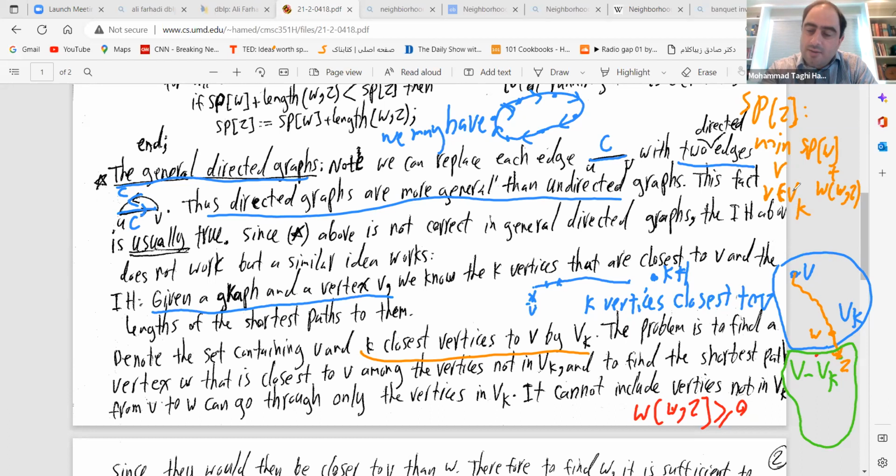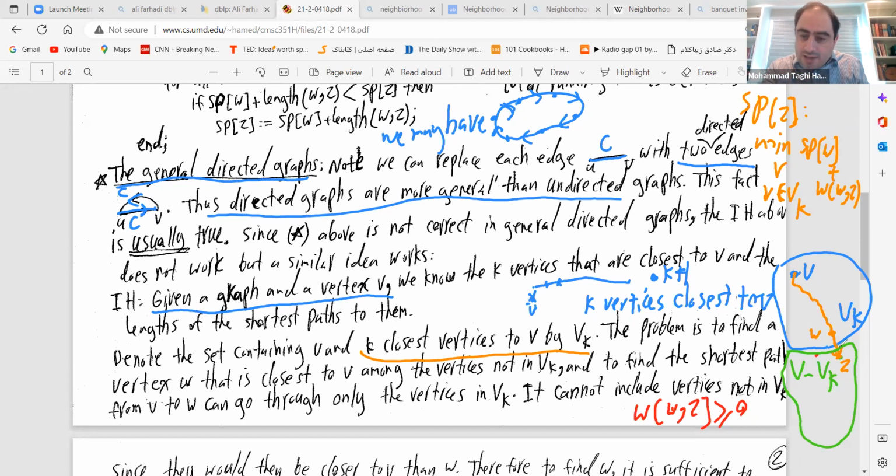So very similar things. In some sense, we are finding the ordering. In the DAGs, we had this topological sort, which was a natural ordering. Here, we will find another ordering, and this ordering is just according to the distance from V to those vertices, which is SP of Z.